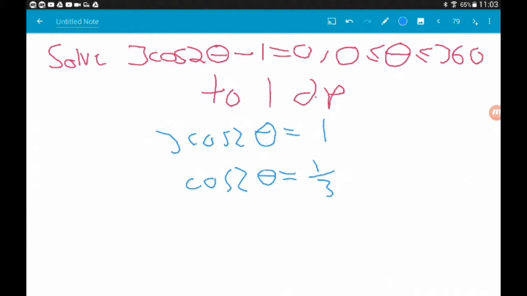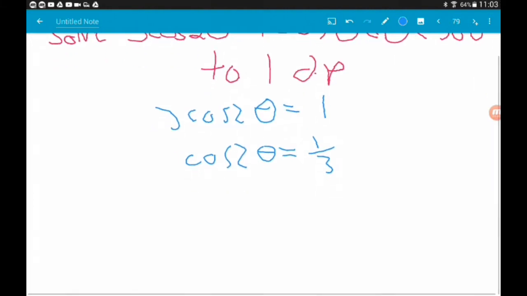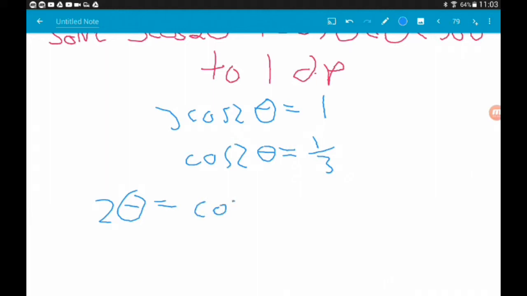So if we now inverse cos to get 2 theta, we would get 2 theta is equal to the inverse cos of 1/3, which to 1 decimal place is 70.5 degrees.